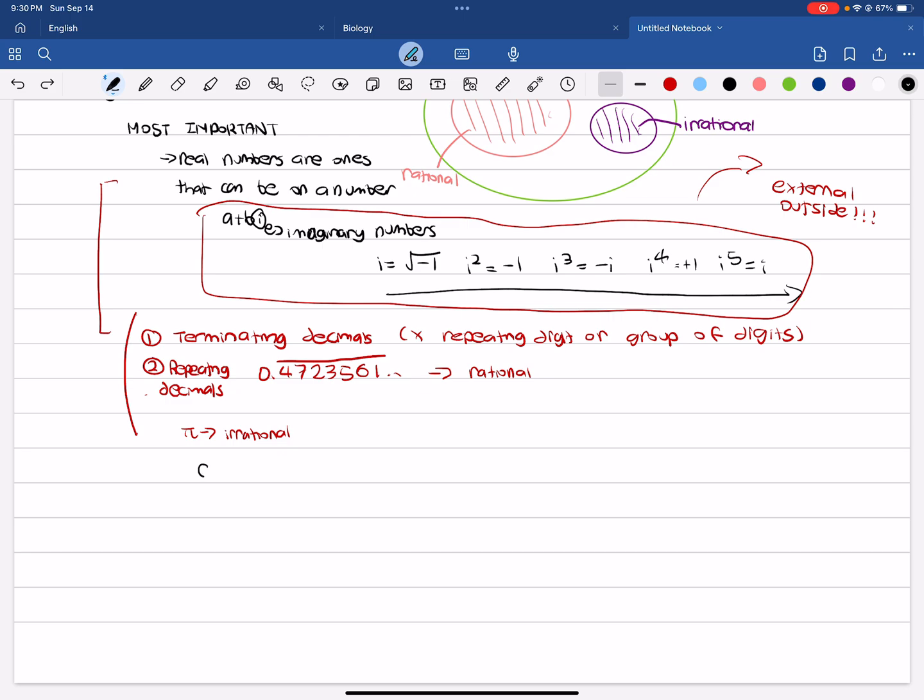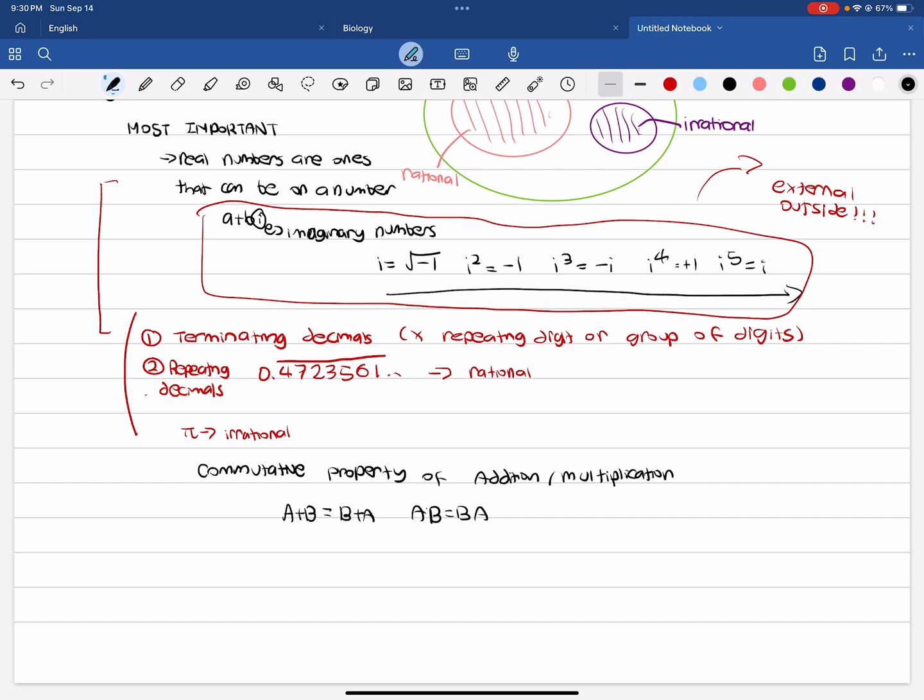So, commutative property of addition/multiplication. This means A plus B equals B plus A, AB equals BA.